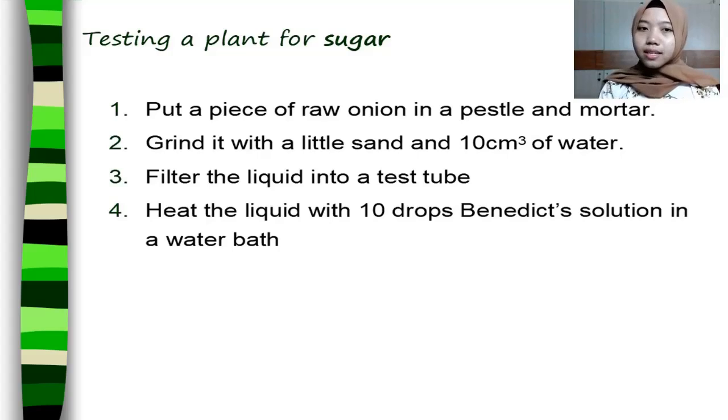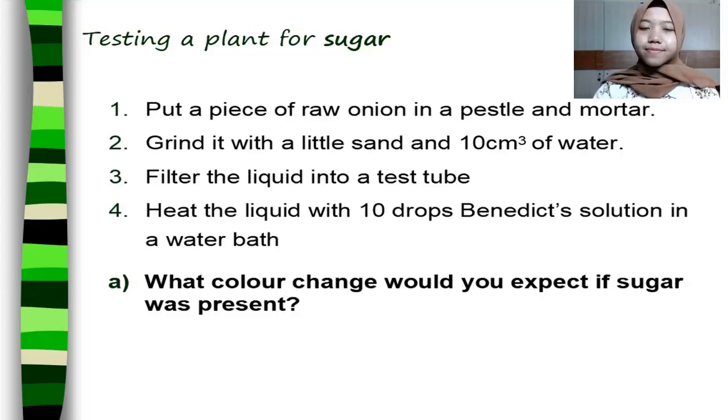The last is heat the liquid with 10 drops of Benedict's solution in a water bath. You can answer this question: what color change would you expect if sugar was present?